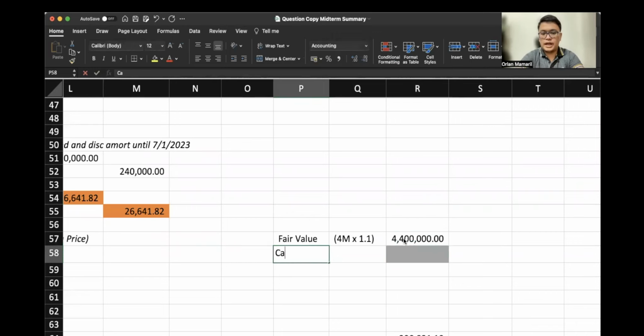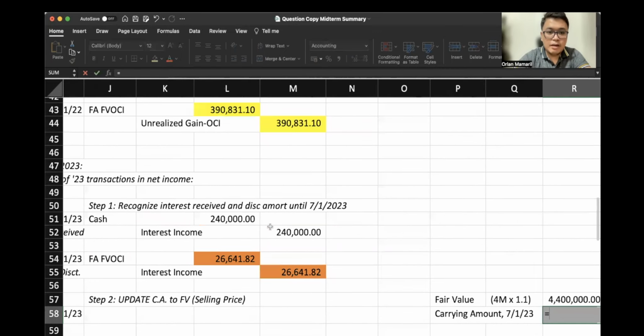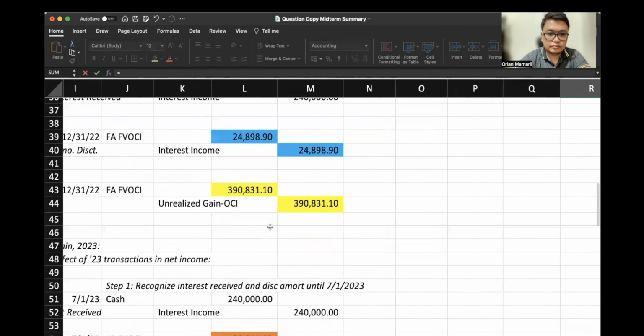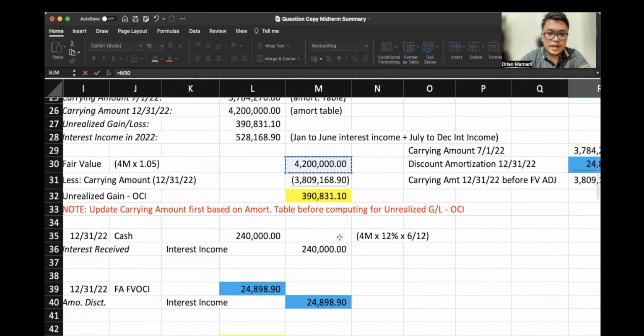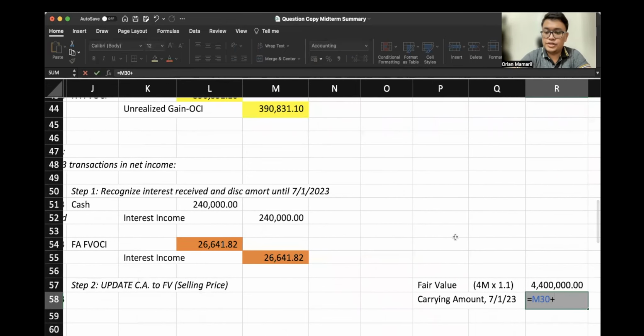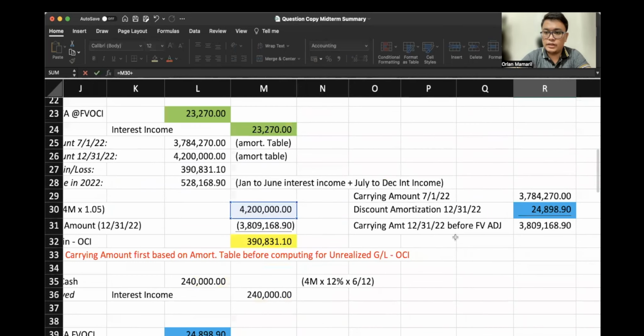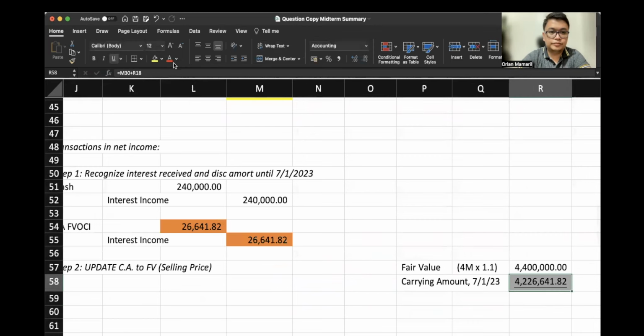And our carrying amount on 7/1/2023 would be based on the carrying amount from last year, that would be the fair value, and the discount amortization on 7/1/2023, which is 26,641.82.